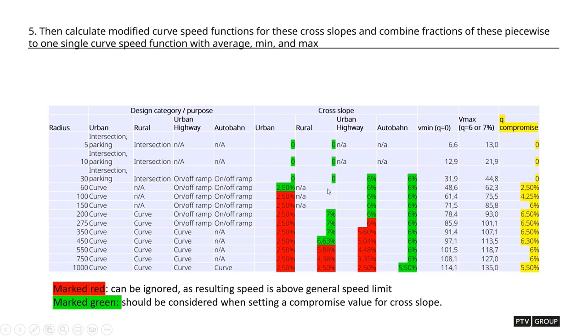So the question here is really which value would we assume exists if the radius of a curve is 60 meters. And there I said, yeah, it's probably rare that such a radius occurs on a highway. So I take the cross slope from the urban setting.